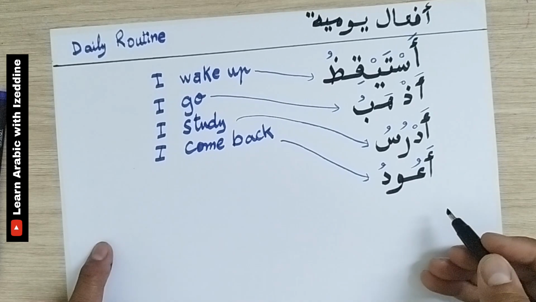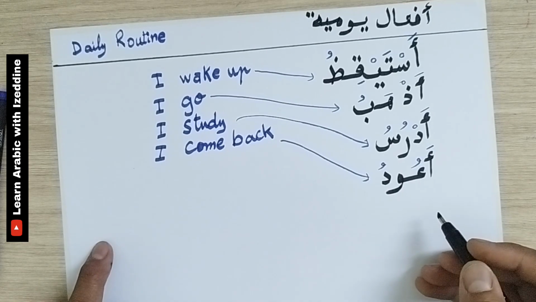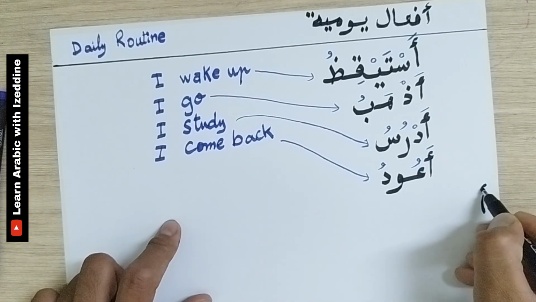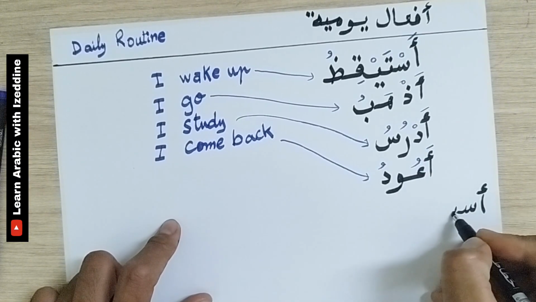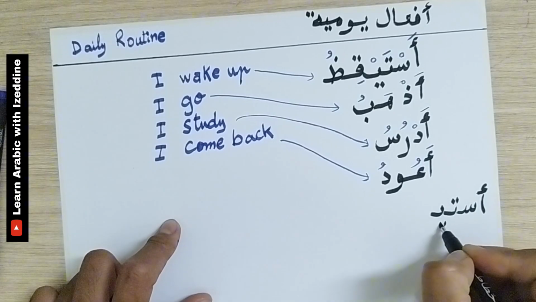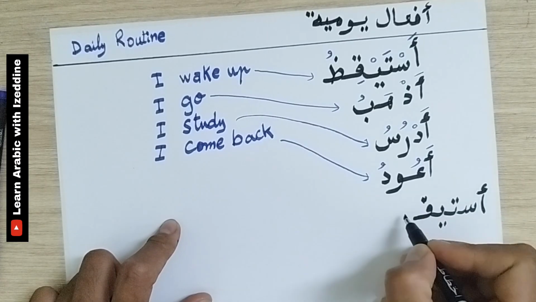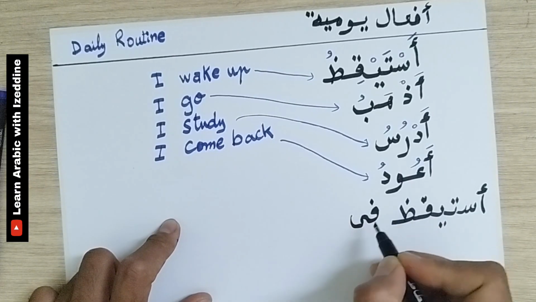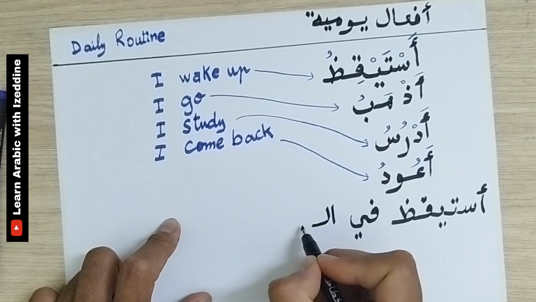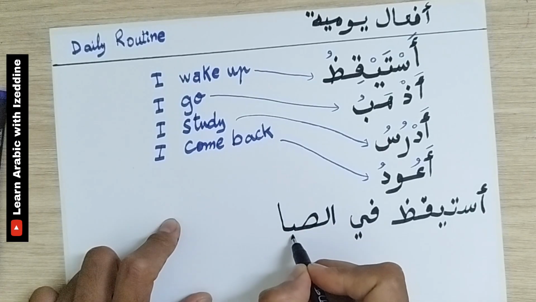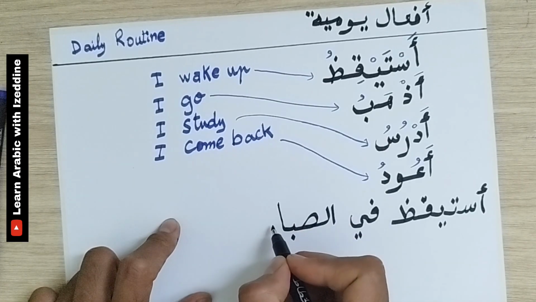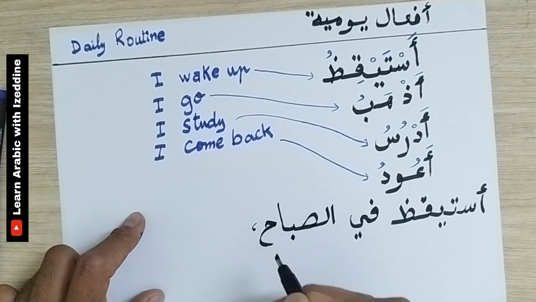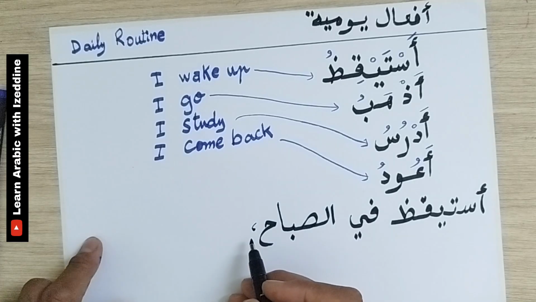So, I wake up in the morning. أستيقظ في الصباح. أس ت ي ق ظ في الصباح. Comma. In Arabic we call it فاصلة.